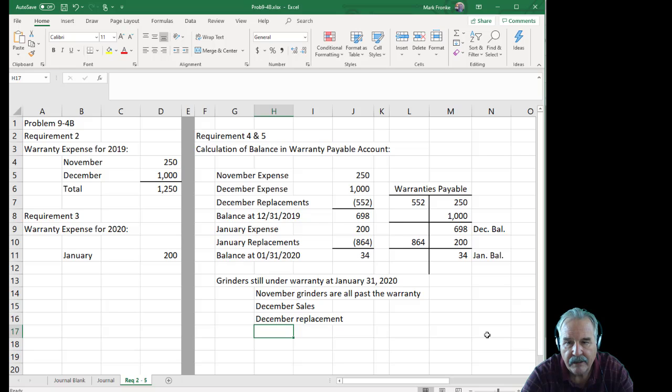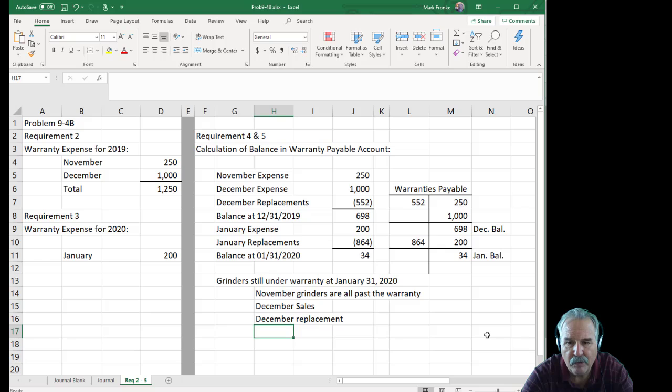So we started with no balance in warranties payable. This is a brand new thing. And then we recorded expense of $250 and $1,000, which would be a credit to warranties payable.